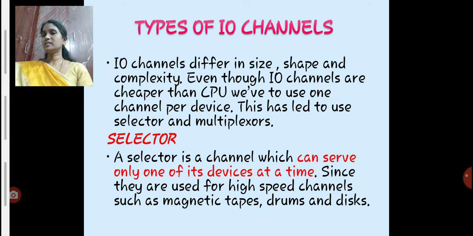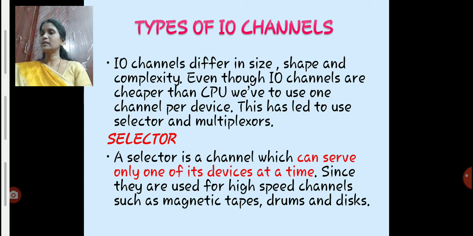Now we see the types of IO channels, because we are concentrating on IO programming. Why have these types of IO channels emerged? Why do we have types of IO channels? IO channels differ in size, shape and complexity. Even though IO channels are cheaper, we have to connect every IO channel with only one device.